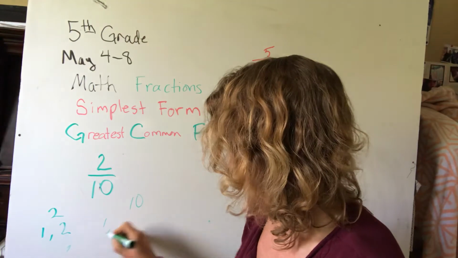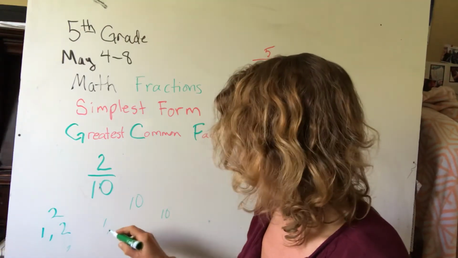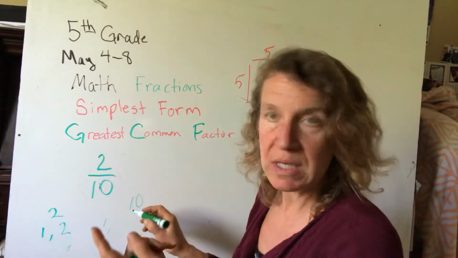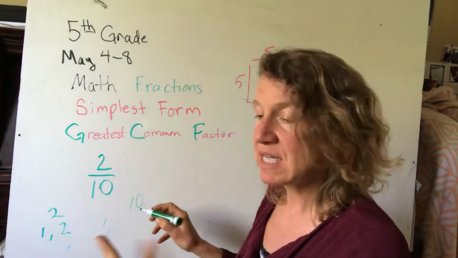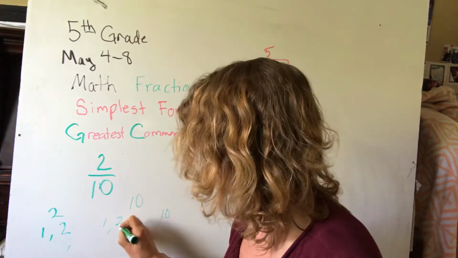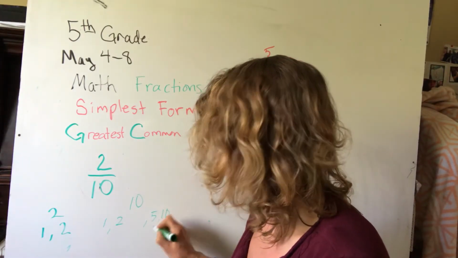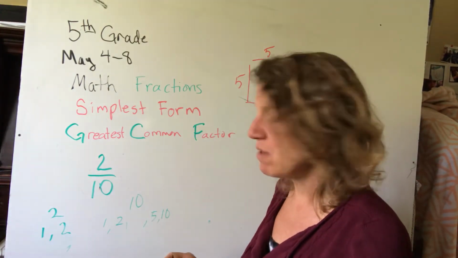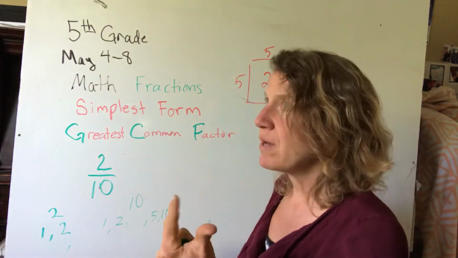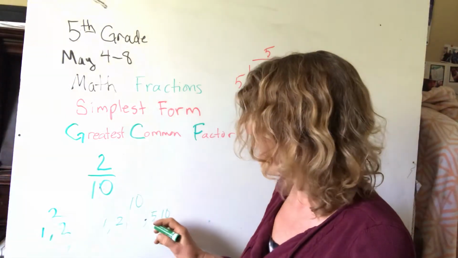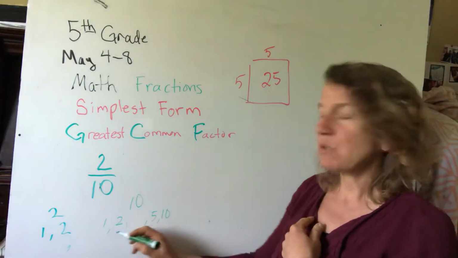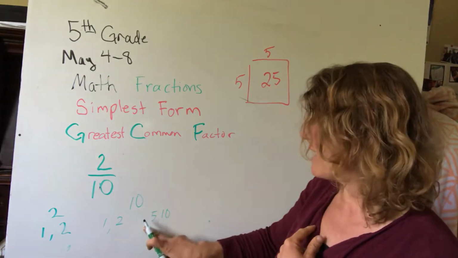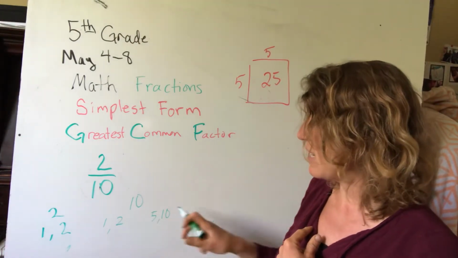They are 1 and 10. 2 goes into it because it's even, right? 2, 4, 6, 8, 10. Okay, so it's 2, and 2 goes into 10 5 times. How about 3? 3, 6, 9, 12. Nope, 3 doesn't. 4. 4, 8, 12. No. 5, well, 5's already on the list. That means that we've come to the end of it. That means our factors for 10 are 1, 2, 5, and 10.